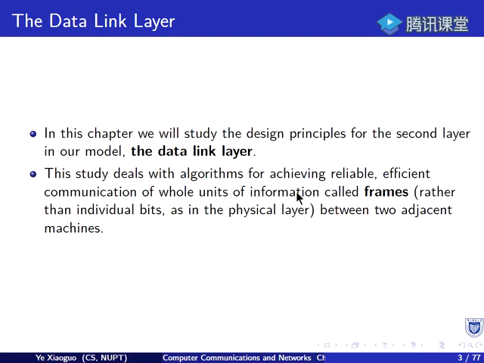So in this chapter, we will study the design principles of the data link layer. In the data link layer, the unit of information is called frames, rather than individual bits as in the physical layer.